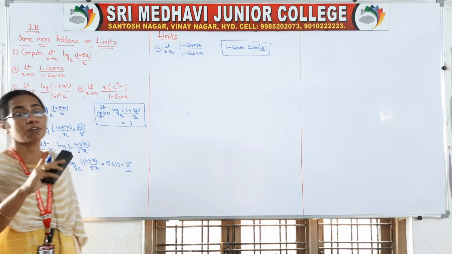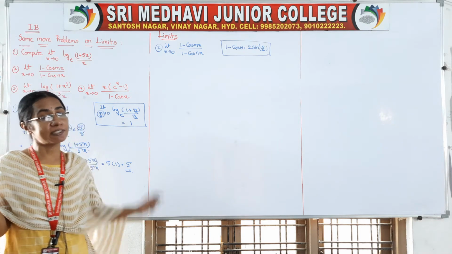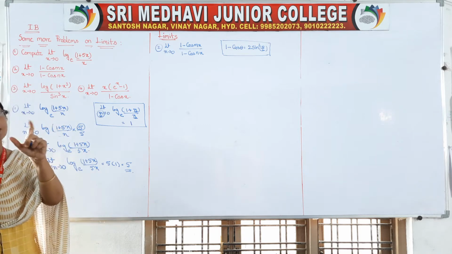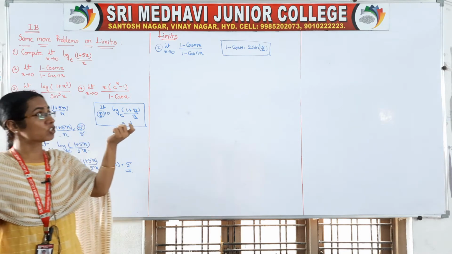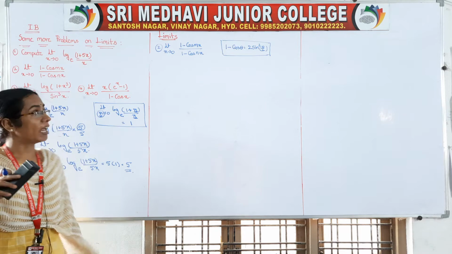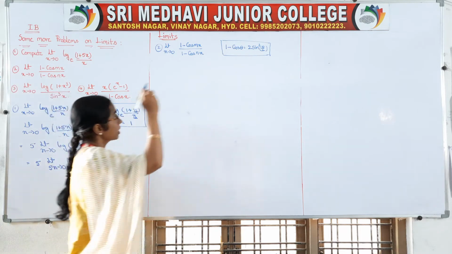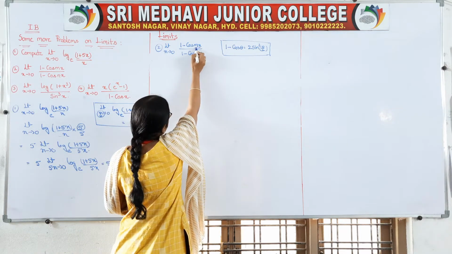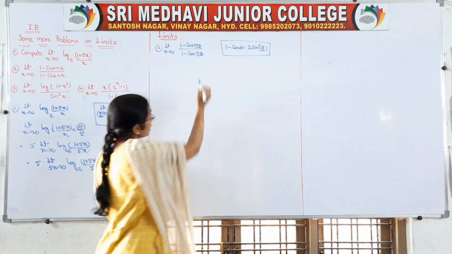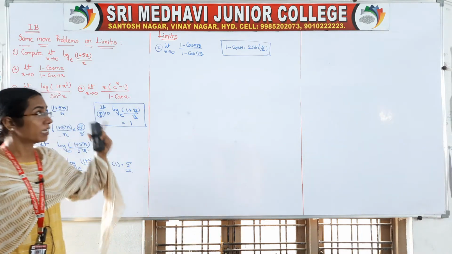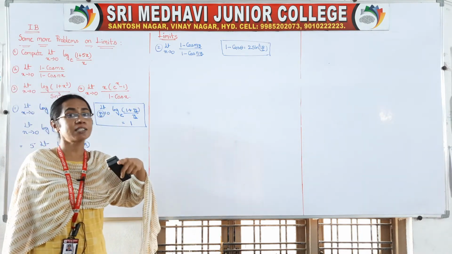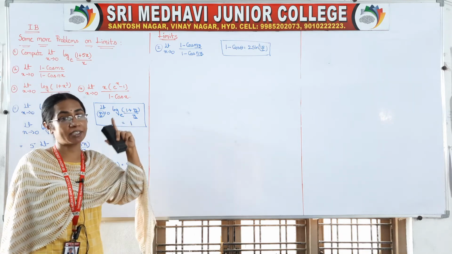Instead of theta we can have any value. Theta is a general value. So if you observe here, instead of theta you are having mx, and instead of theta you are having nx, in the numerator as well as in the denominator, in that form.